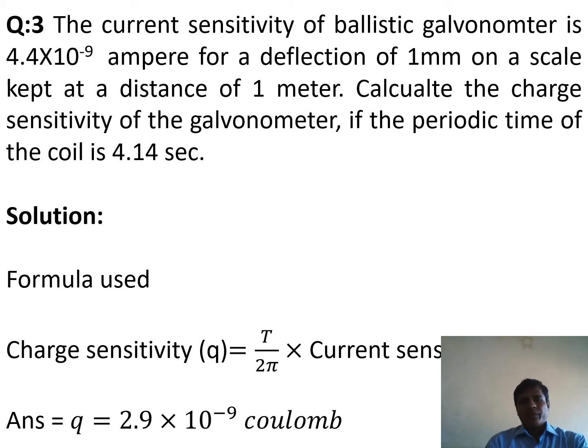Now we know that the charge sensitivity Q is equal to T upon 2 pi multiplied by current sensitivity. So current sensitivity is given and capital T is given. So substitute the values in the charge sensitivity formula and the final result, that is Q is equal to 2.9 into 10 to the power minus 9 coulombs.